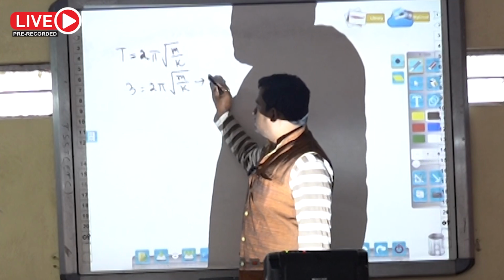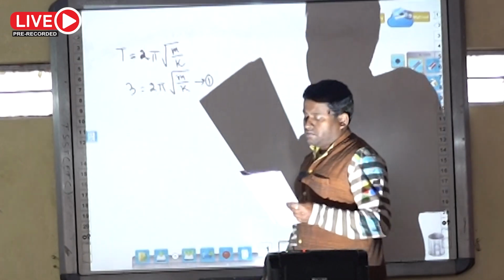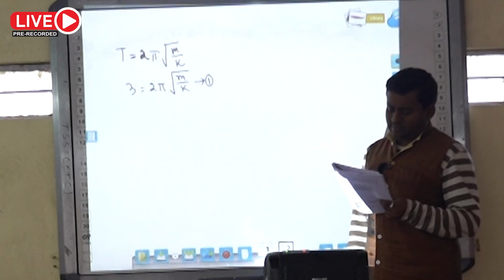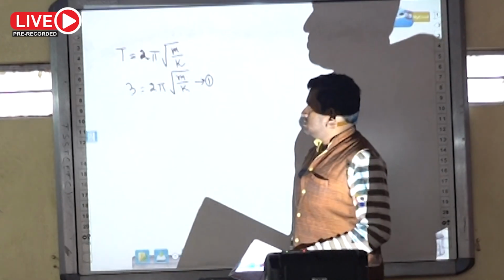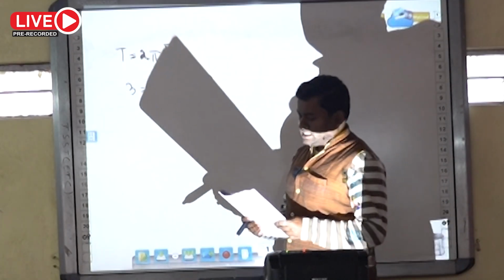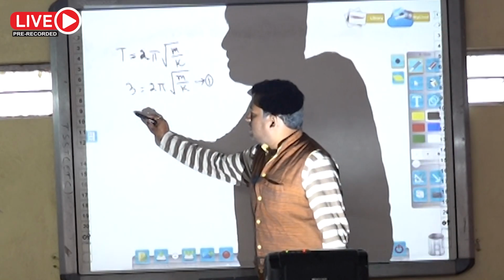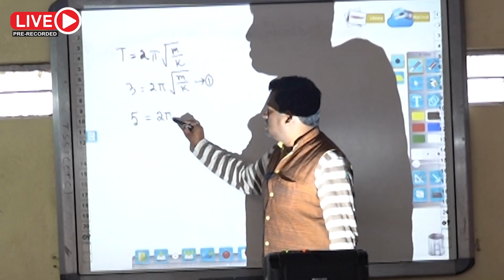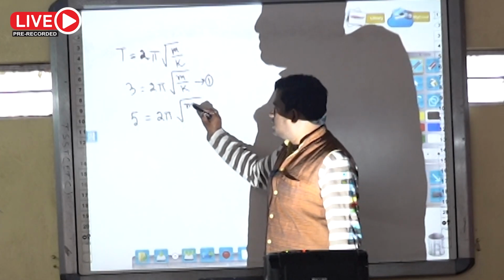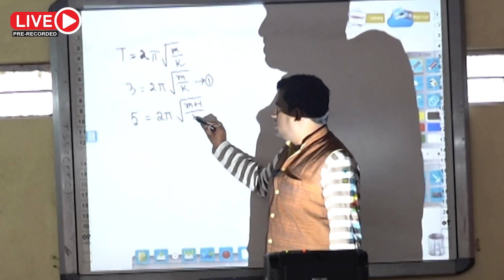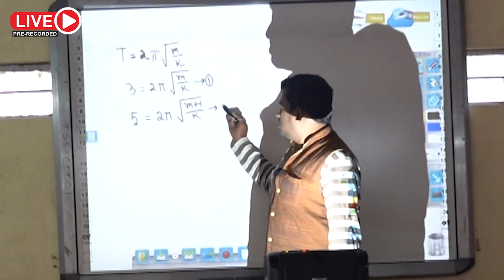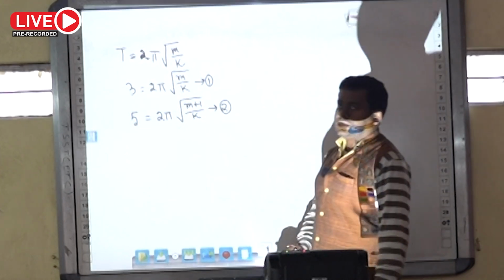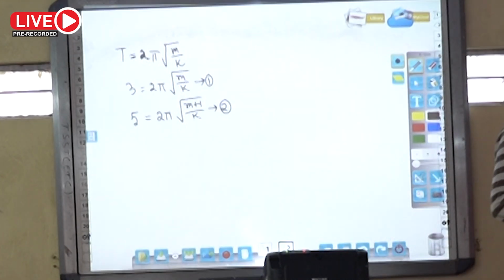This is my first equation. Next, the mass is increased by 1 kg, so the time period becomes 5. So it will be 5 equals 2 pi root over m plus 1 by k. Now divide these two equations, k will be eliminated and you can find the value of m.